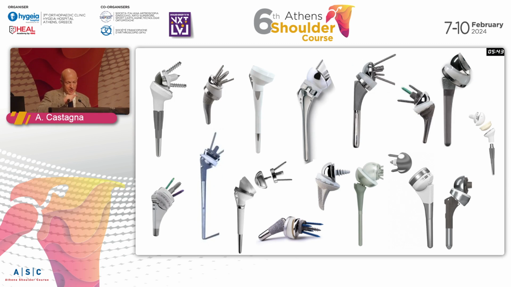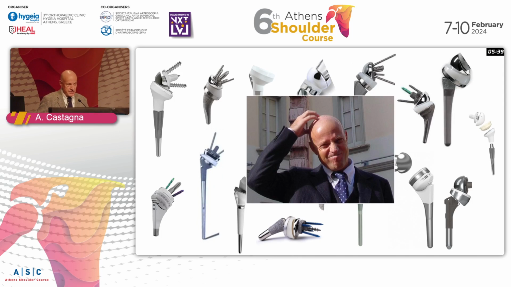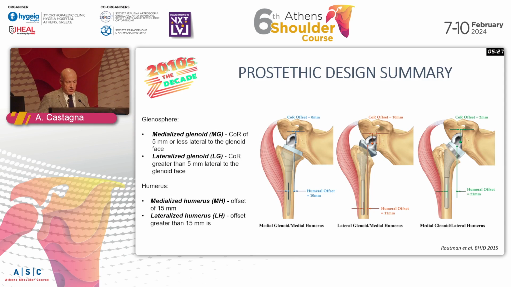And all these products on the market, first of all, we need to know them. This is something that not all of us have done, because each of these designs has some peculiarities that we should know when we use them, with some little differences. So I spend just a few seconds on this, because any design may be differentiated according to the glenosphere and the humeral side, with the medialized glenoid, the medialized humerus, lateralized glenoid, or lateralized humerus.